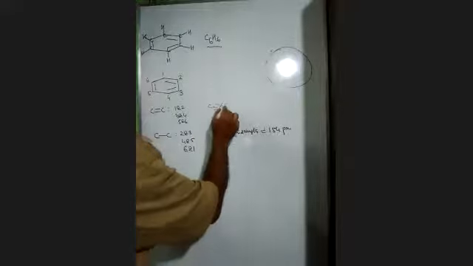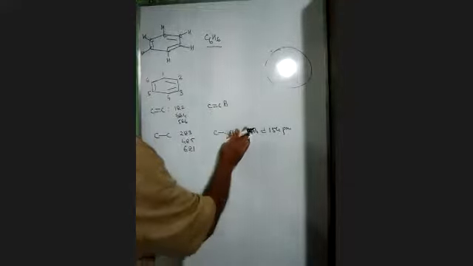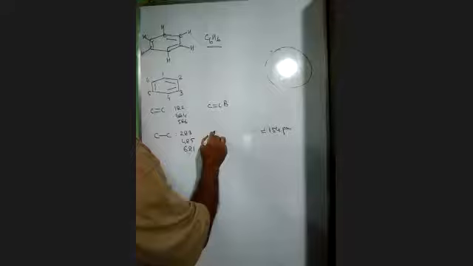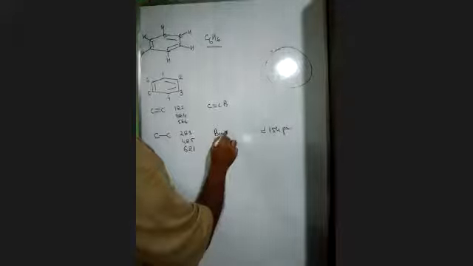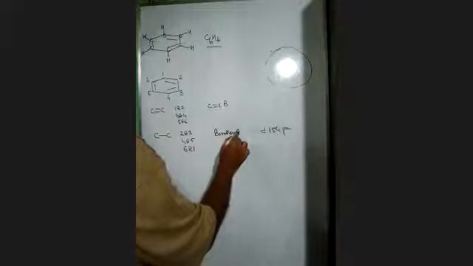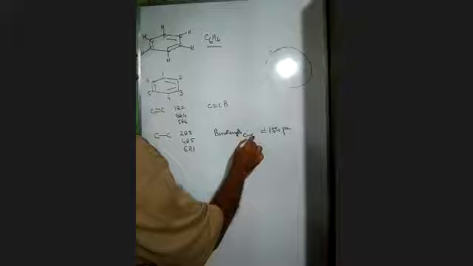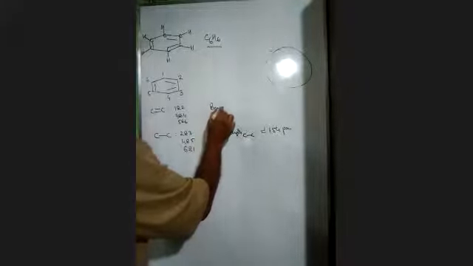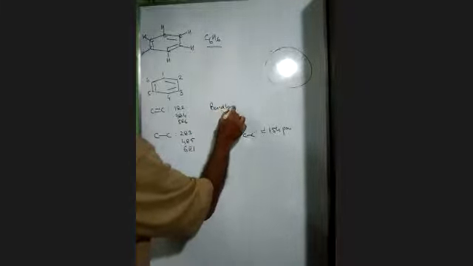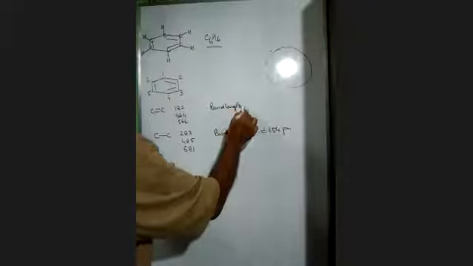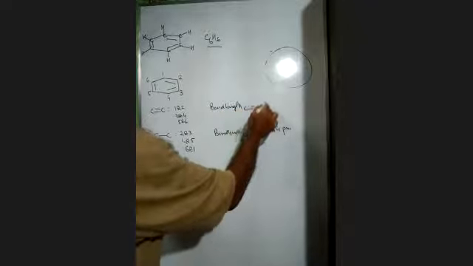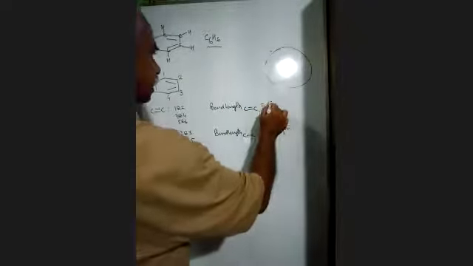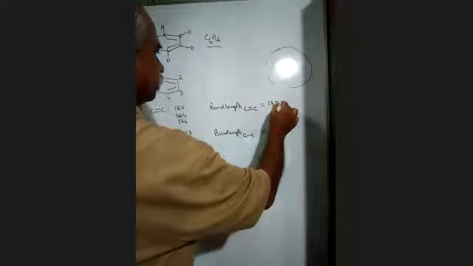The carbon-carbon double bond length is 132 picometer.